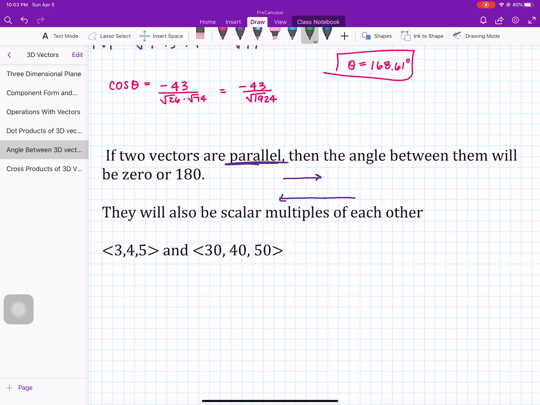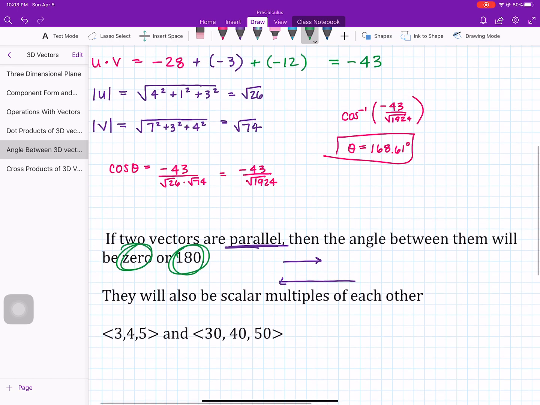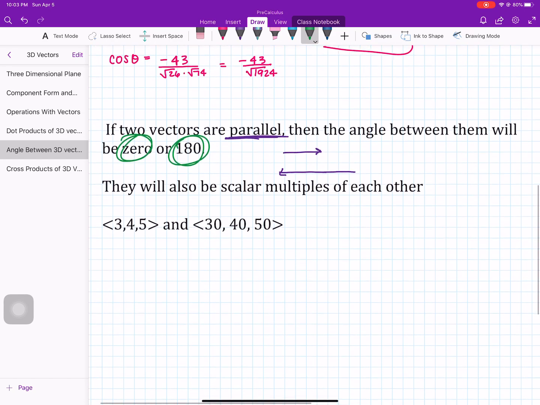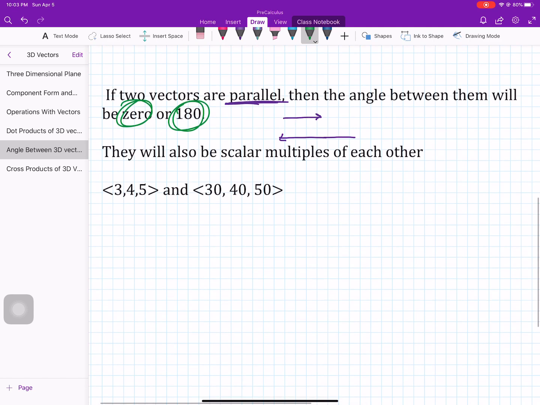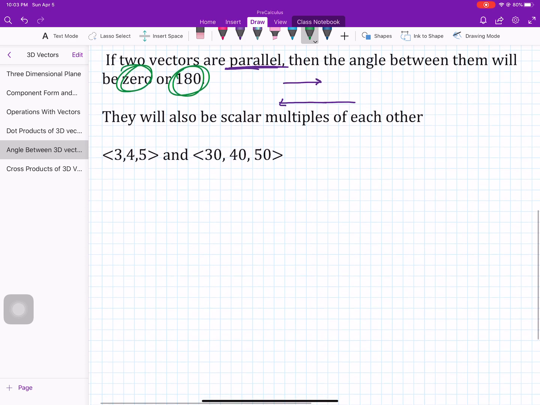So if you have two vectors that are parallel, then the angle between them will either be 0 or 180. So when you're doing this calculation, if you pop up with a 0 or a 180 when you do your inverse cosine, that tells you that your vectors are parallel. They will also be scalar multiples of each other.